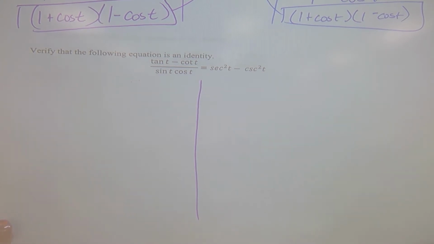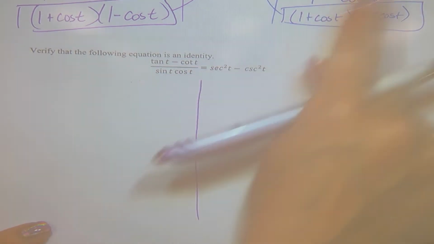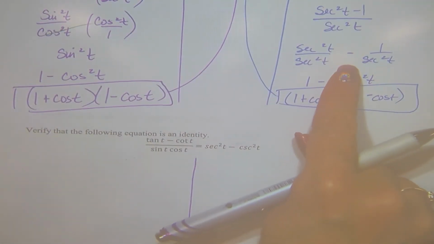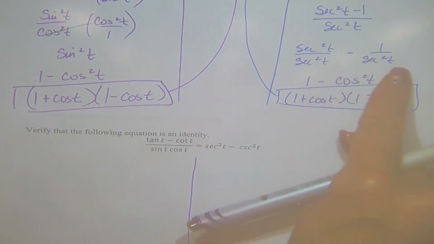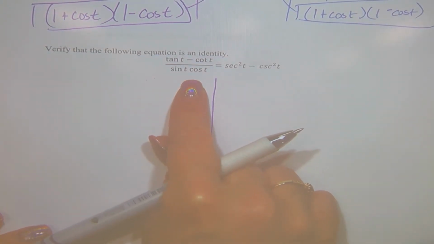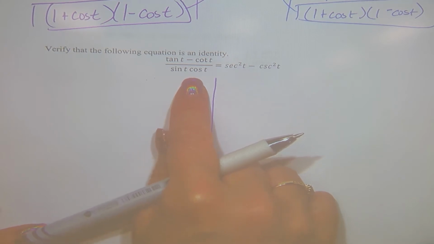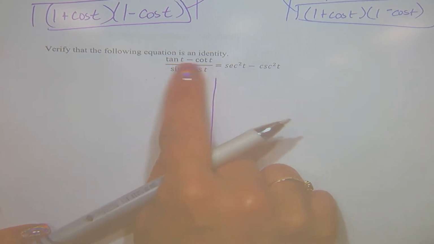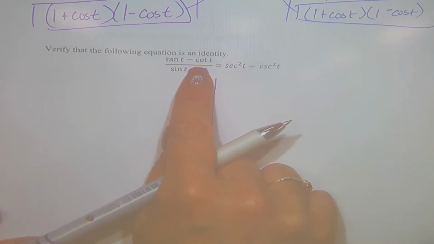So many choices. You know what? I like this where I split it apart from one expression into two separate terms, two separate rational expressions. Let's split this apart and see what we can do to that. I'm heading toward changing tangent and cotangent into terms of sine and cosine. I'm just going to do it my way.